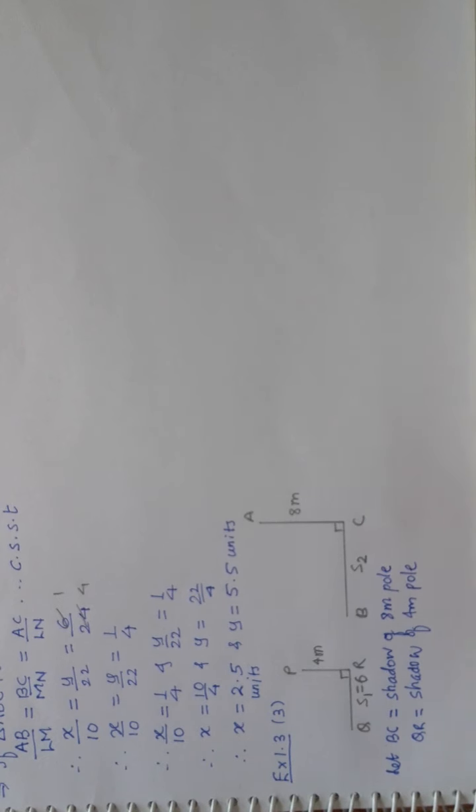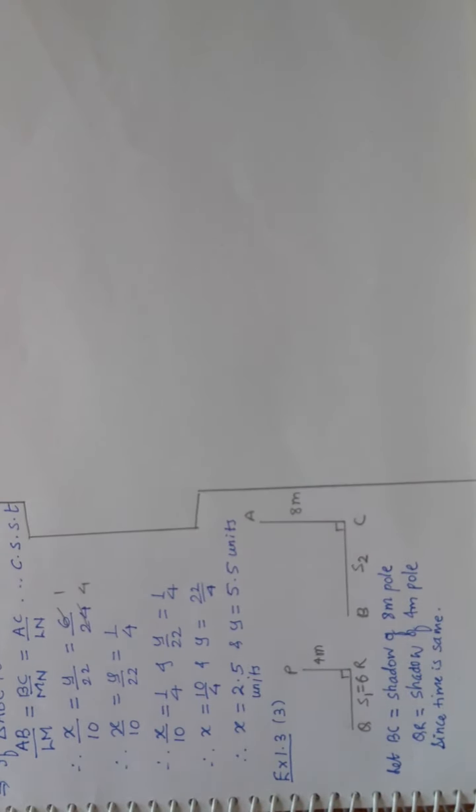Now the most important concept, as I told you, is since time is the same, therefore the ratio of height of poles is equal to the ratio of shadow of poles. Okay, so that I will write on the other side.